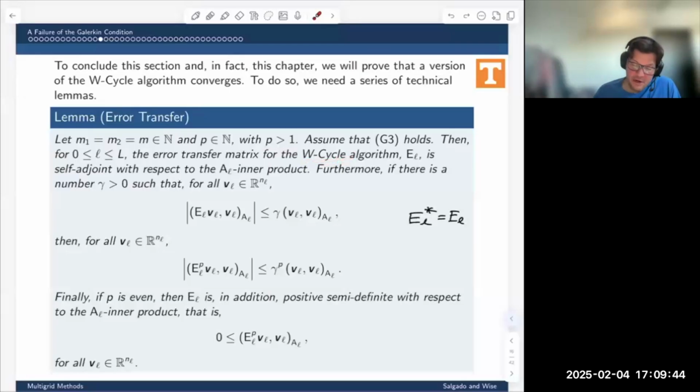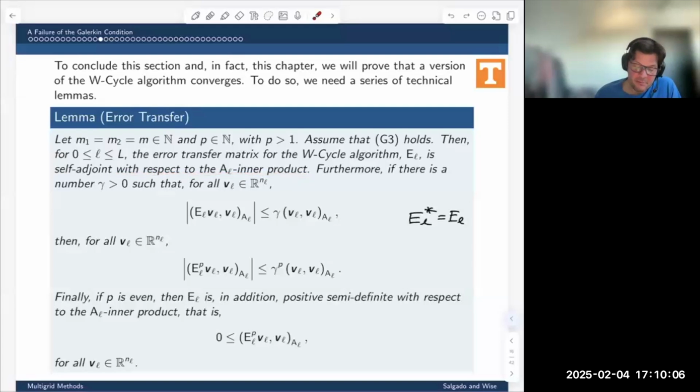All right, so the error transfer matrix is self-adjoint with respect to the AL inner product. In fact, we already proved that, and it still holds true, even though our coarse grid Ritz projection matrix is no longer truly a projection. This is still true.